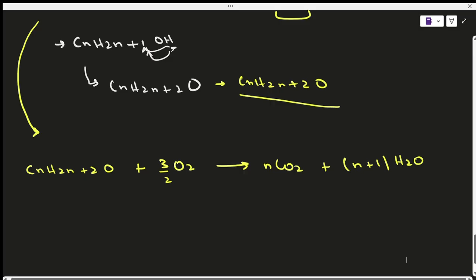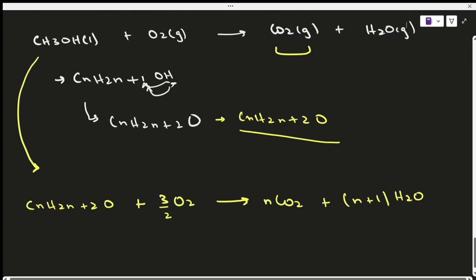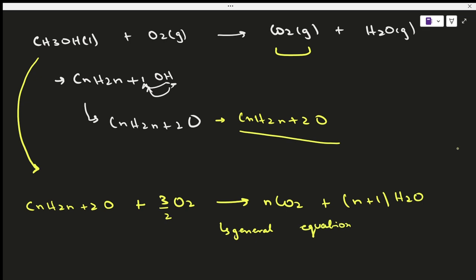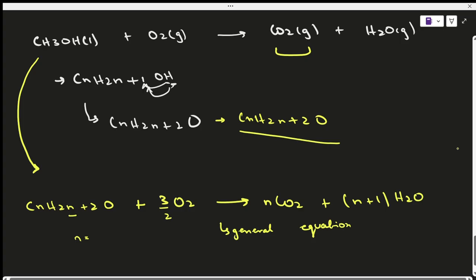Now, if I were to balance the ethanol equation again, I have written down the general equation. You know that n stands for the number of carbon atoms, and the number of carbon atoms in ethanol is 1. So n equals 1.